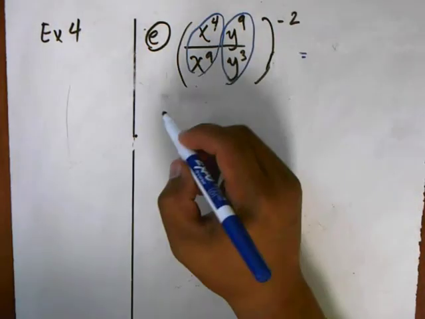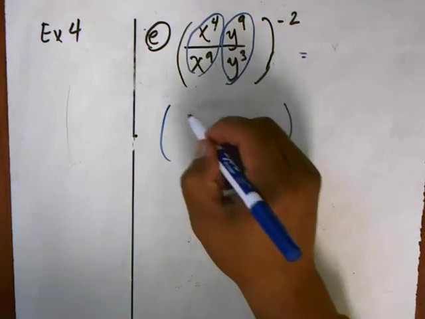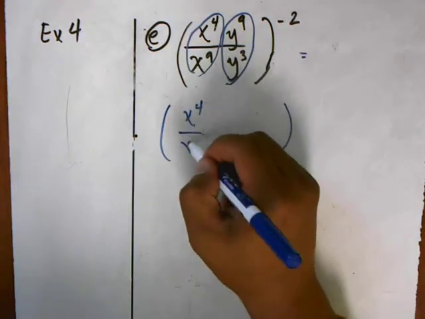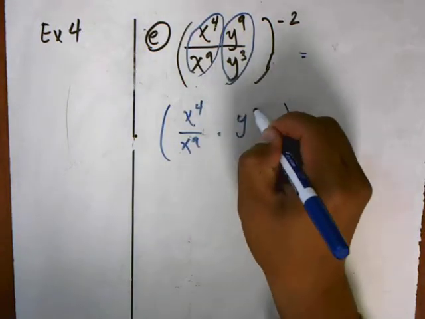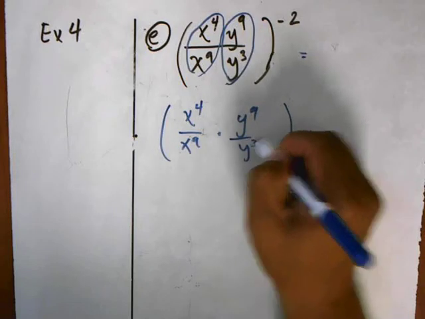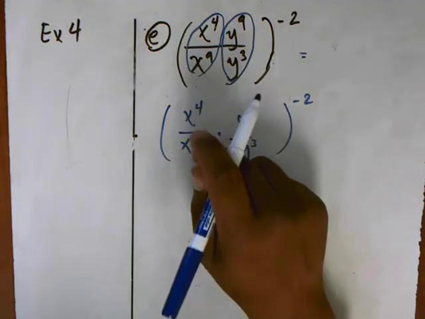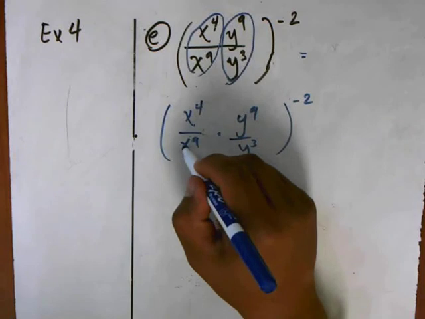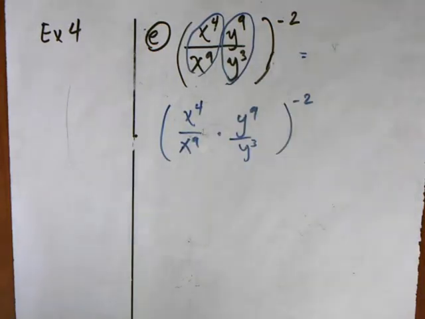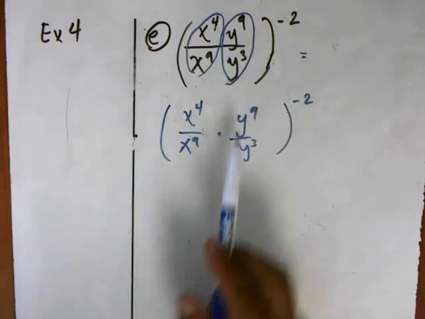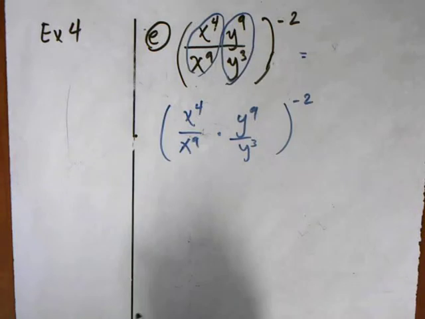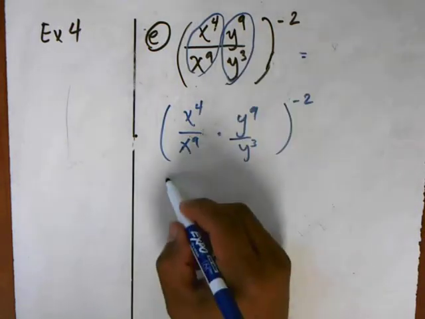So this is really equal to parentheses x to the 4th over x to the 9th times y to the 9th over y to the 3rd, and the whole thing raised to the -2nd power. Again, this is just a matter of separating this into two fractions. If you multiply these two fractions, you get the expression up here. And then we can simplify each one of these separately.